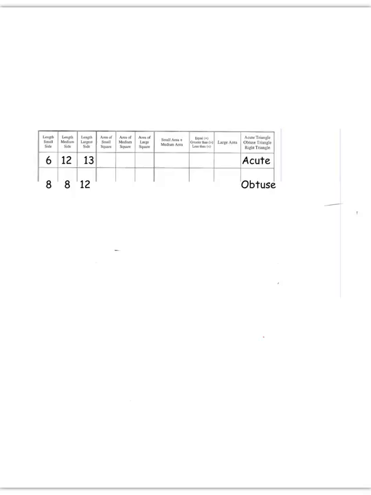A side length of 6, a side length of 12, and a side length of 13. So there's my triangle, and I'll label those 6, 12, and 13. Pardon the drawing here, it's not as easy to draw on an iPad.